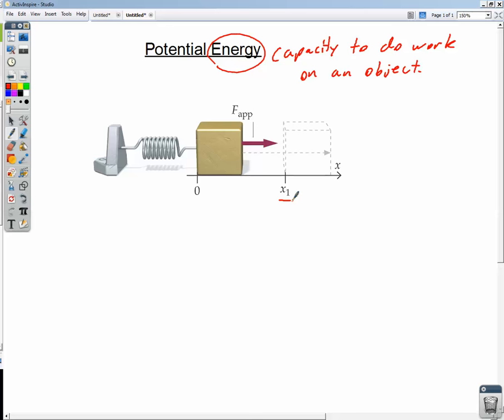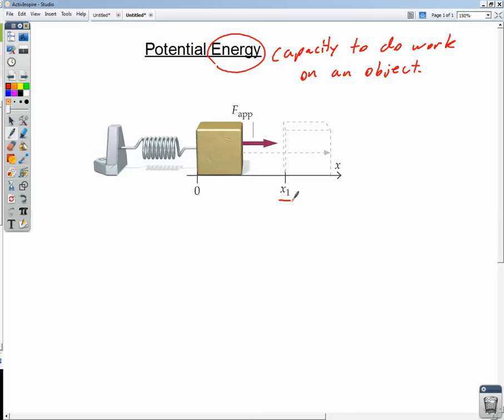Since the compressed spring has the capacity to do work on the object, it has energy. It has what's called spring potential or elastic potential energy, because it is compressed shorter than its rest position, or compressed some distance x1 minus 0 past its rest position.